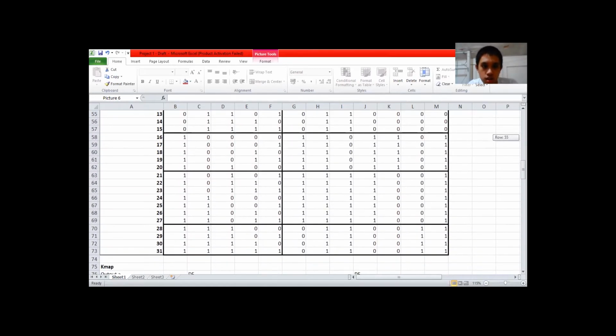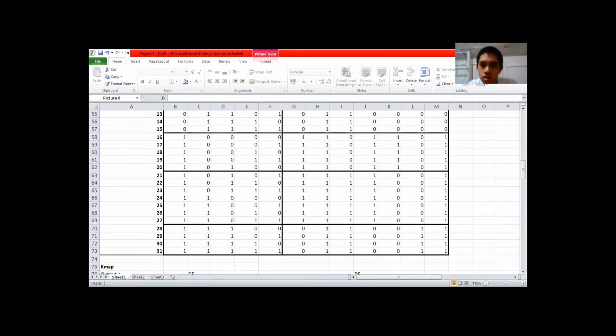So here is A, B, G, E, and D in order to form an output of 3.